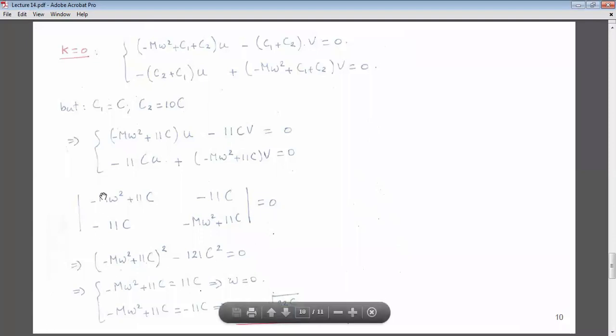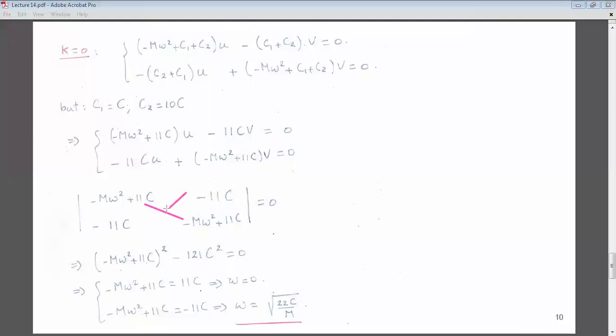And I solve these two equations. So the determinant, I just get this times this minus this times this, equal to 0. So I will get two solutions, omega equal to 0 and omega equal to square root of 22C over m. Okay, so these are the two solutions at k equal to 0.